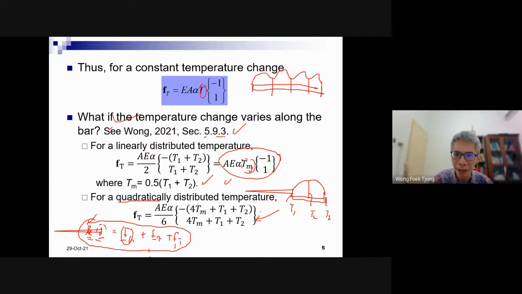Oh, this is quadratic. Even if it is not quadratic, we can approximate, or even use more elements. And then we can say, oh, this is linear. So we approximate with piecewise linear, which means it consists of a linear temperature for each element. That's the practical approximation in practice. Maybe just using linear is enough.